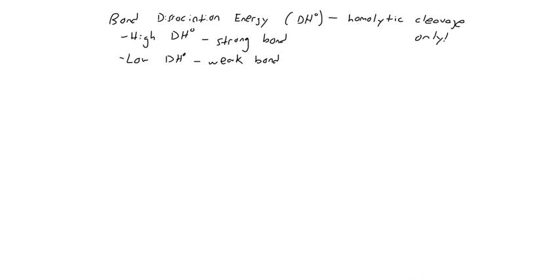We can take this a little bit further. If that bond is really strong, then those two atoms really want to be bonded together. They don't want to be alone. So that also implies that the products are unstable.